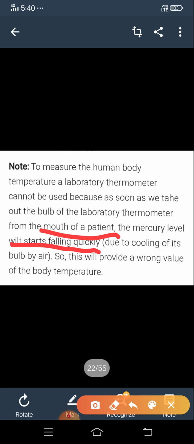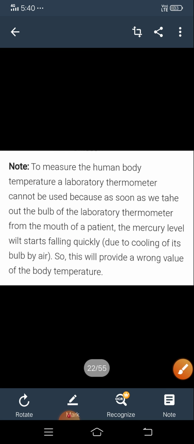This will give a wrong value of the human body temperature. For this reason, don't use the laboratory thermometer to measure the human body. To measure the human body temperature, we have to use the clinical thermometer only.